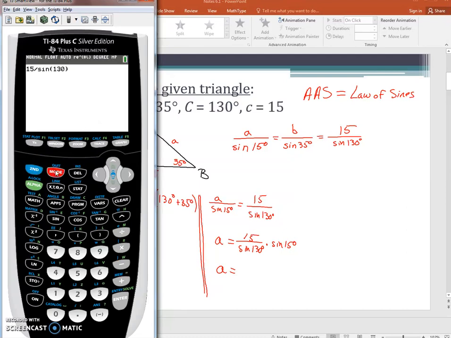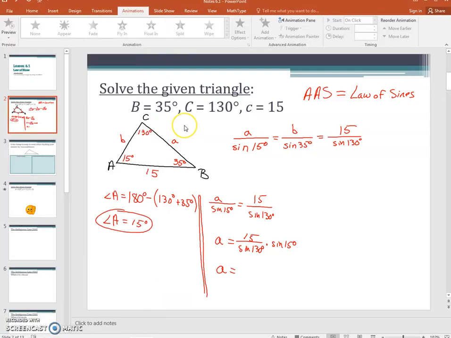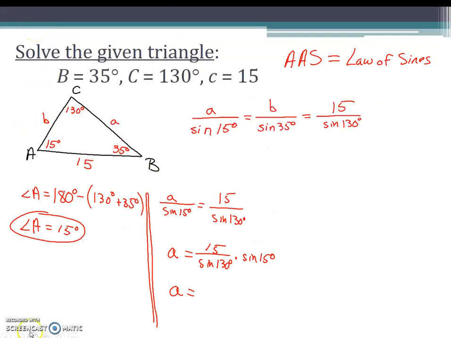So 15 divided by the sine of 130 times the sine of 15. And that should give you your answer for little a. We get 5.06. Our standard rounding will be to a tenth. That'll be plenty accurate for our intentions here. So a is equal to 5.1.